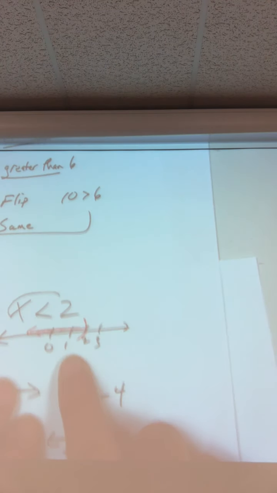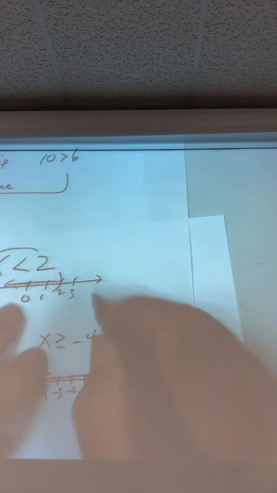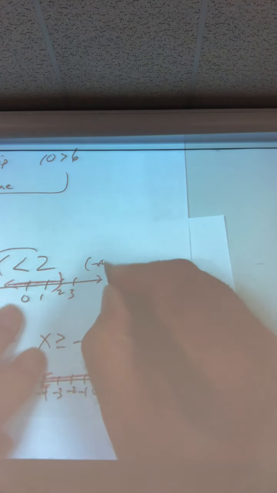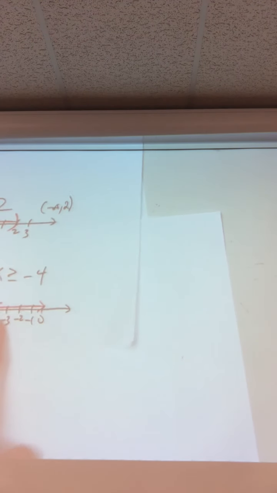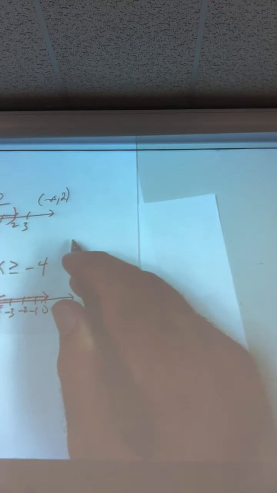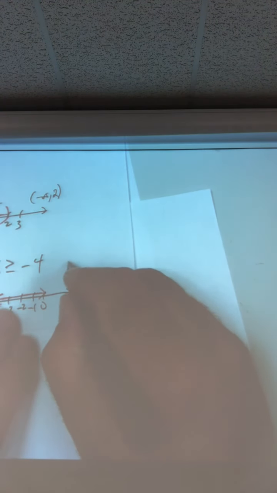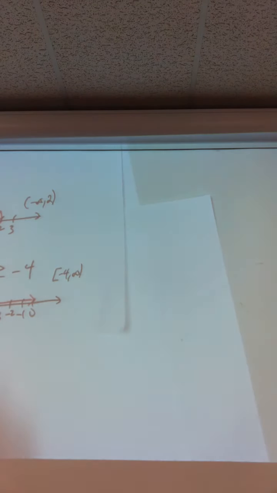This one right here, x is less than 2. Going to the left, that means negative infinity, 2. This one's going to the right, so that means the infinity goes on the right side of the comma, so that'd be negative 4, comma, infinity.